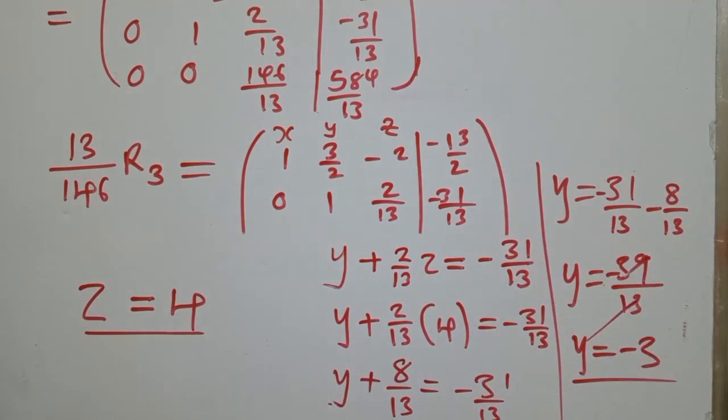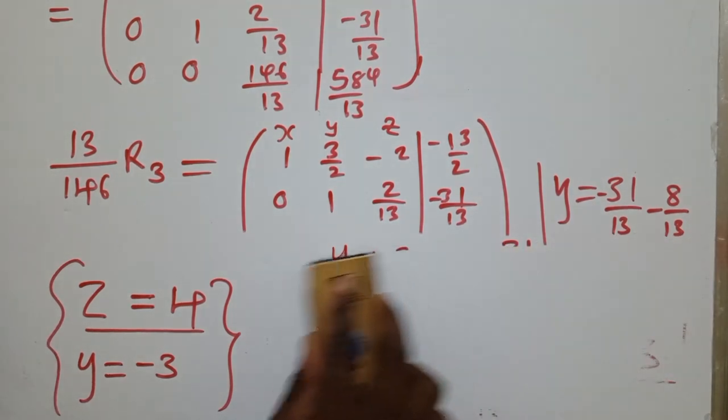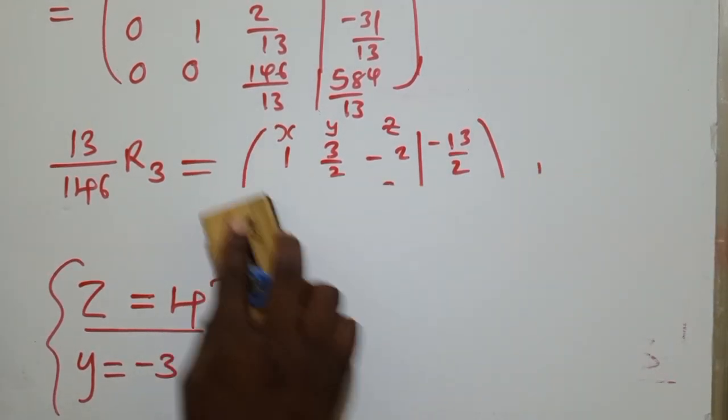So 13 into negative 39, it's negative 3. So the value of y is equal to negative 3. We've got two values. We are remaining with the value of x. So for the value of x, we shall follow the first row.